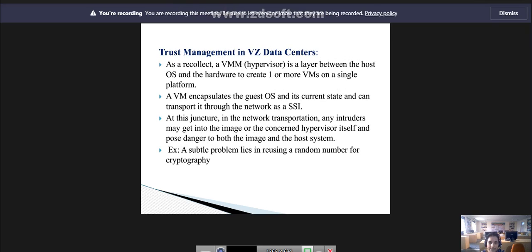Next is trust manager and virtualization of data centers. So, what is the trust? We recollect the virtual machines in VMware. The hypervisor is a layer between the host operating system and hardware to create one or more virtual machines on a single platform.